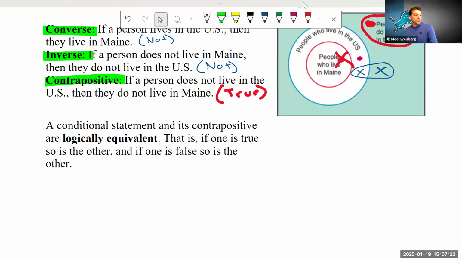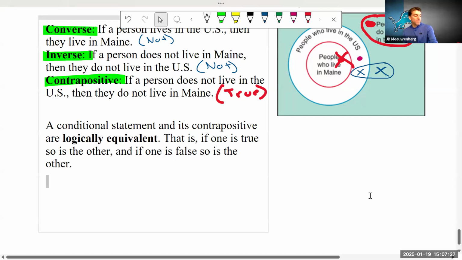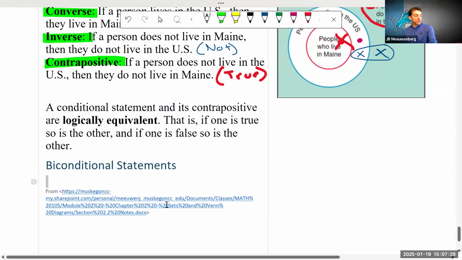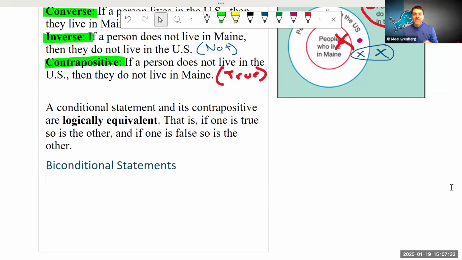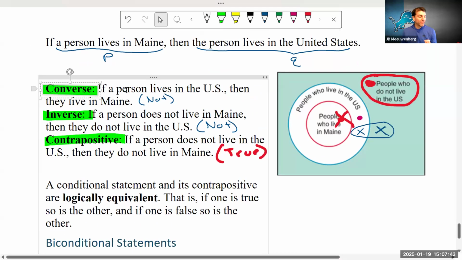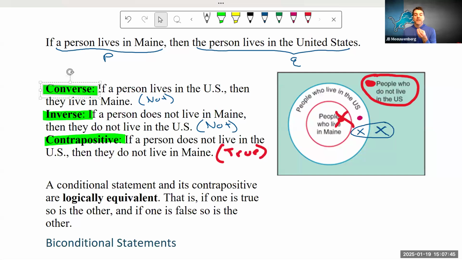So let's continue then, extend this idea one more time and introduce the terminology, the word biconditional statement. As we saw a minute ago, a conditional statement and its converse are not logically equivalent, right?